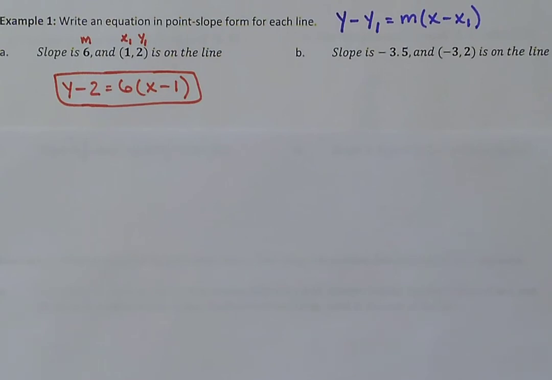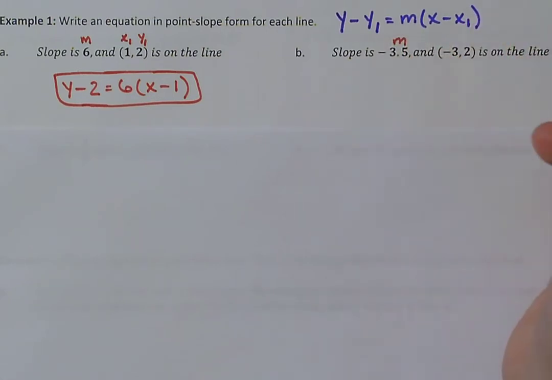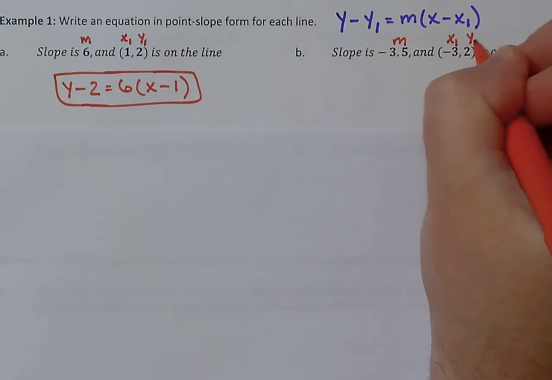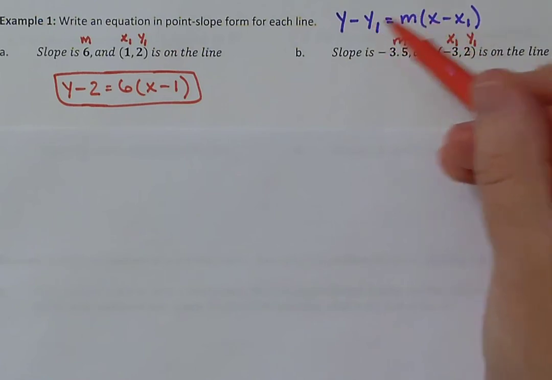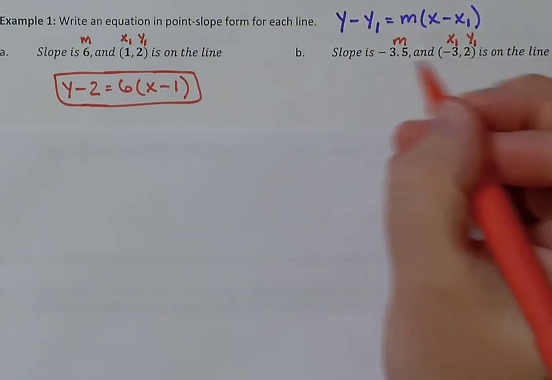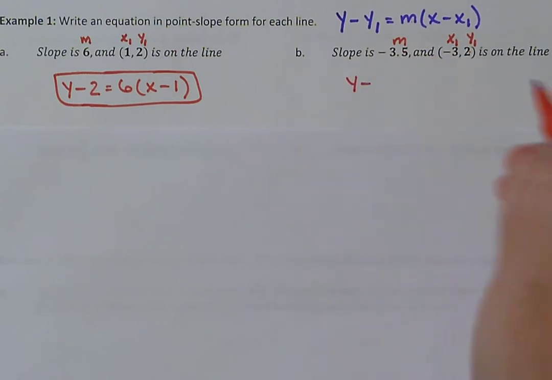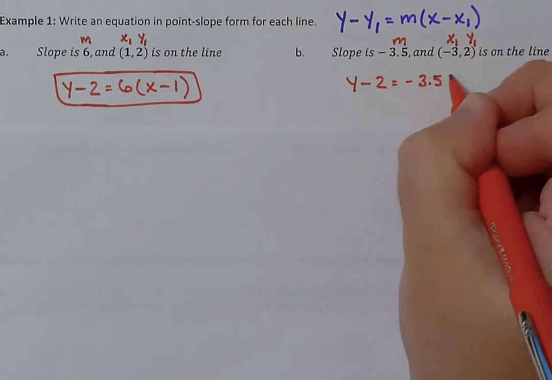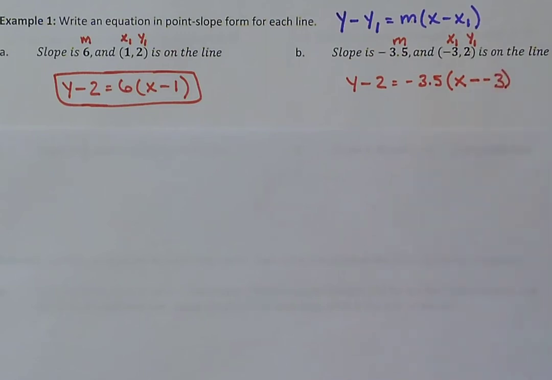If we look at B, they tell us our slope is negative 3.5, so this is my m. They tell me my point is (negative 3, 2), so this is my x1, y1. So I plug in m and my x1, y1, and I end up with y minus 2 equals negative 3.5 times x minus a negative 3.